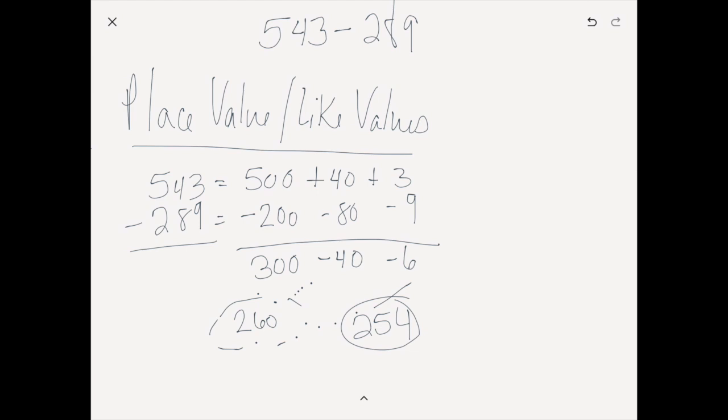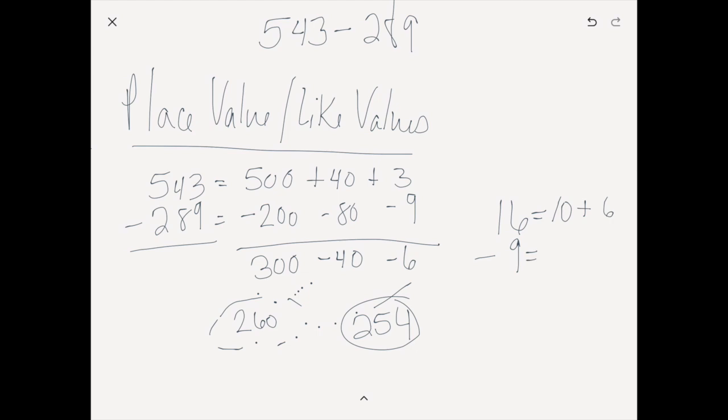And when it comes to our fact that we've been working on, it's not really a strategy here, but it kind of can be. I'm going to actually rewrite that here and talk about it, because there's not really like place values here. We only have one number that's got a tens in it. But some kids will see it like this. It's a 10 and a 6. And I need to subtract a 9.